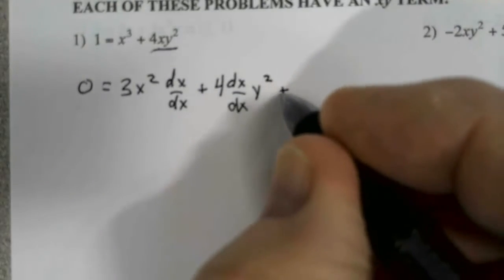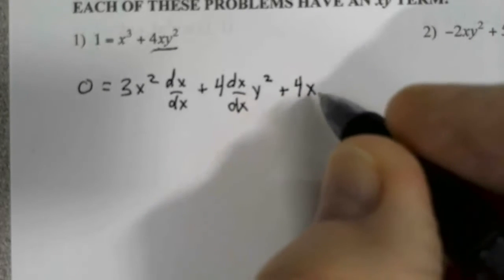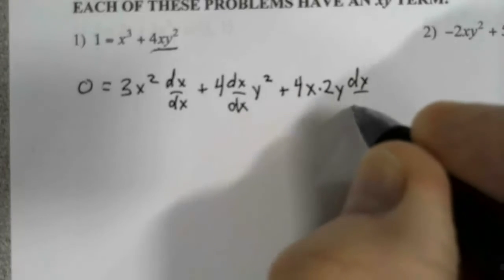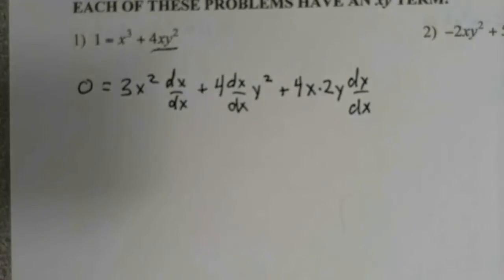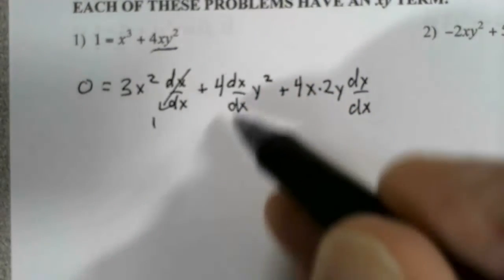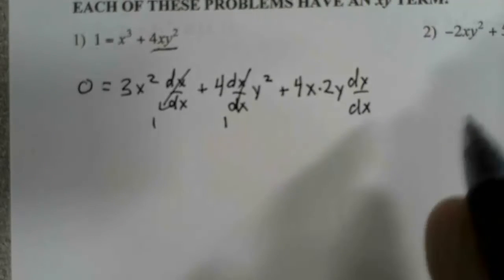And now let's do the y part. So this is 4x times 2y dy dx. Now let's clean things up a little bit. For example, this will make a 1, and that will make a 1, but that is still a dy dx, so that is still there.